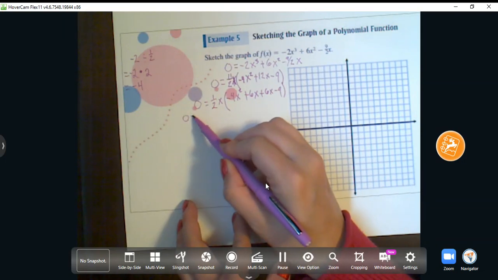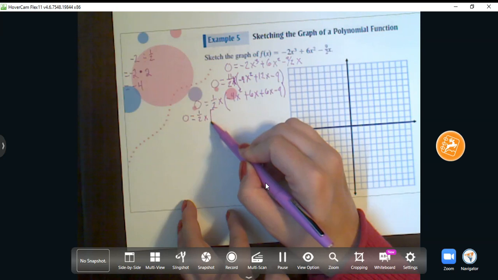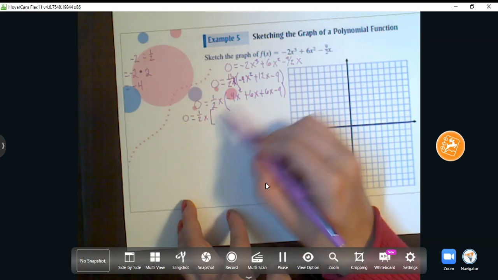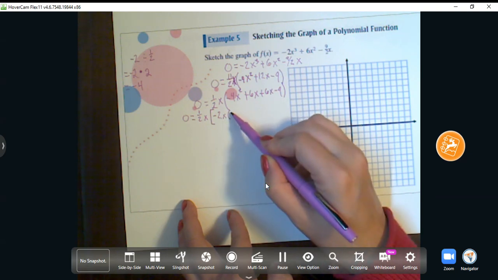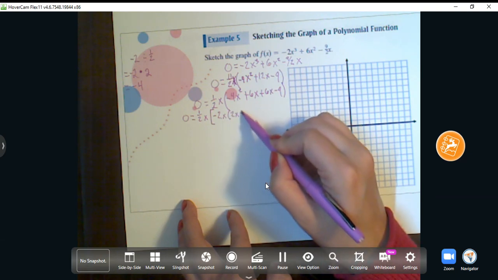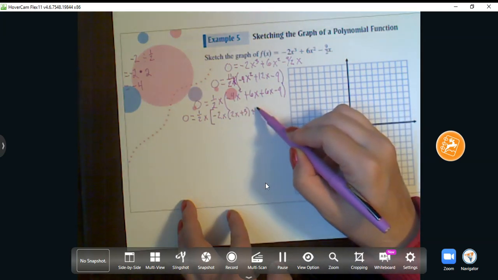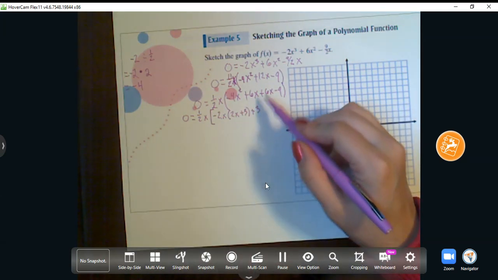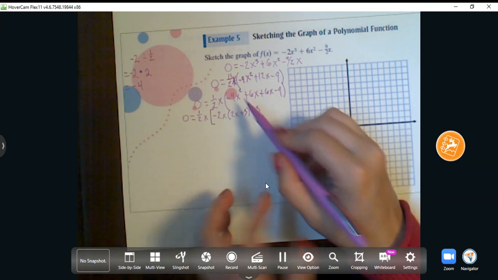Then we do our factoring by grouping. I'm going to go ahead and use a big grouping symbol. I can factor out a -2x here, and I'm left with 2x plus 3. And I can factor out a positive 3 here. Sorry, I forgot to flip my sign.